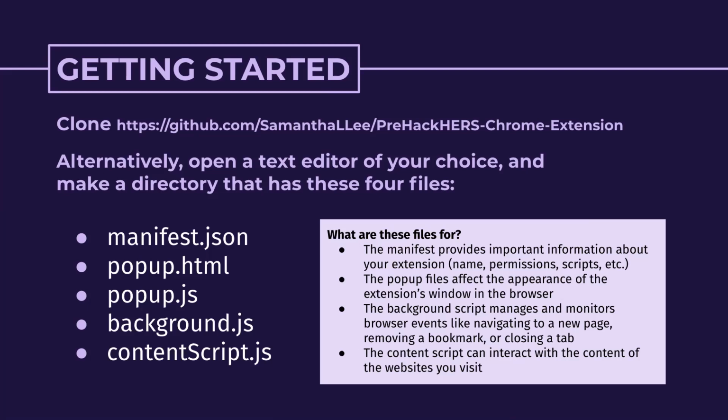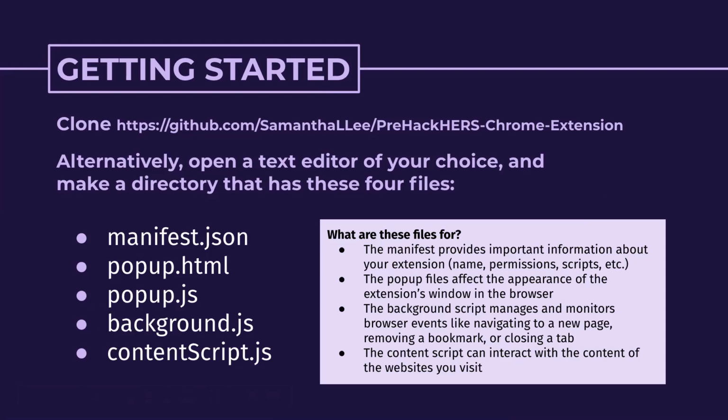While we're waiting, we can go over what the contents of the repository are. We already talked about the manifests, then we have the popup, background and content scripts. Those are all in JavaScript. The popup.html is just the visual of the popup itself. This blurb goes more into detail about what these do exactly.